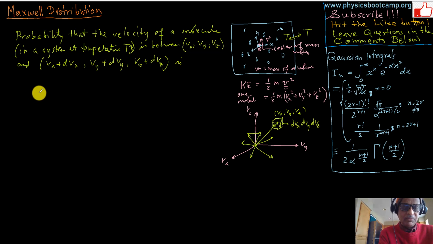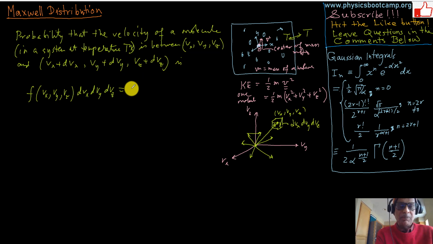so we can write down a function f of Vx, Vy, Vz, dVx, dVy, dVz, and so that's equal to, so there is a normalization constant here.